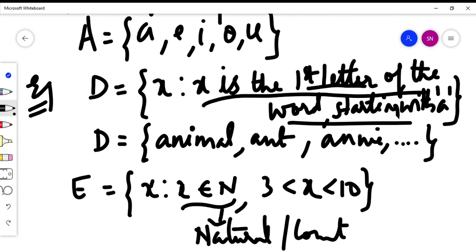So x belongs to the set of natural numbers, and there is one more condition with regard to x. x is a natural number, but there is a range where that x should start and where it should end: 3 less than x less than 10.